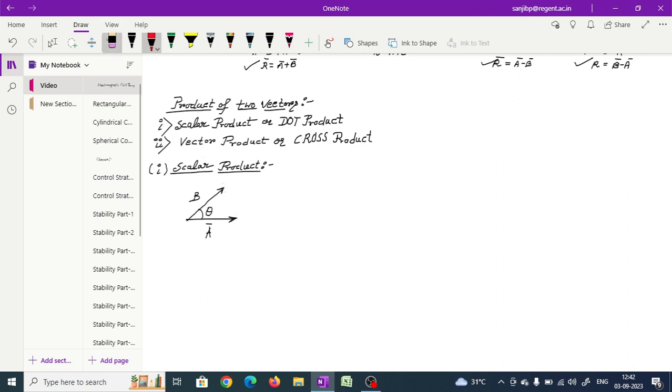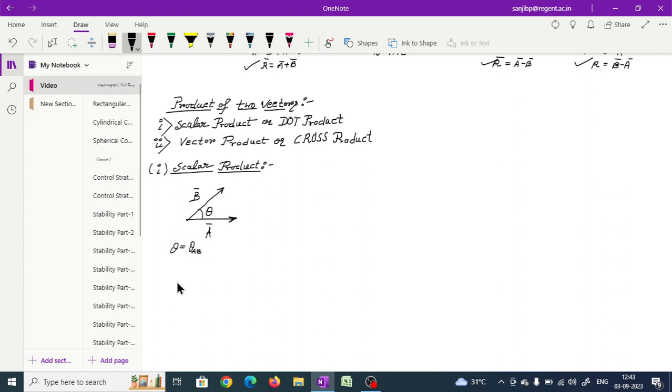The first thing, consider vector A along this direction and vector B along this direction. Both are vectors, so you have to put a bar over them. The angle between these two vectors is theta, you can write theta AB, meaning the angle between A and B.